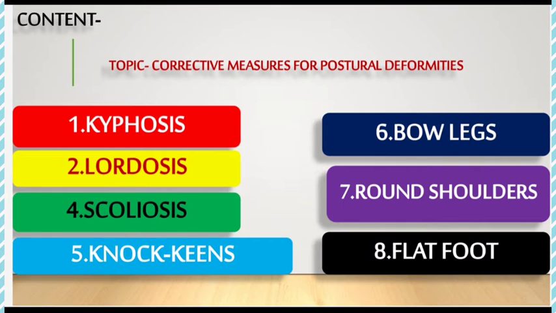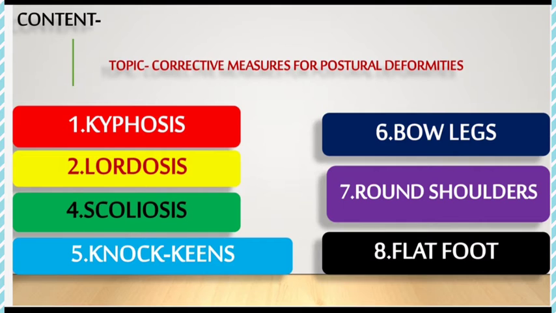The postural deformities, basically kyphosis, lordosis and scoliosis, are a part of spinal curve deformities. Okay, then knock knees, bow legs, round shoulders or flat foot.